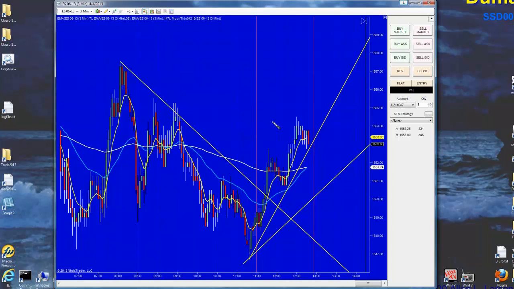If I draw a ray, okay, this is the low, this is the high before the low, and if I go up here, I can see I'm getting some kind of a rising wedge pattern in here.